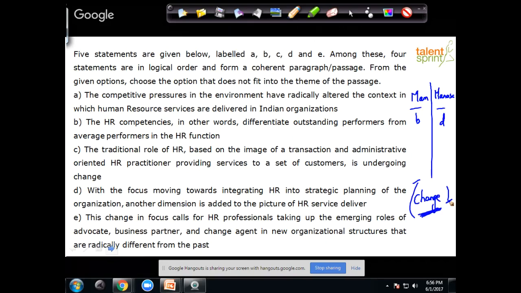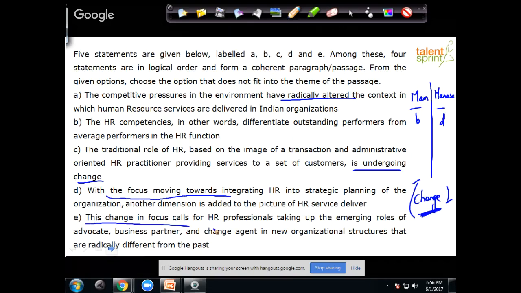Very good, Ashima. Change is your clue word. A says radically alter. Very good, Pratibha. B does not give me any word with respect to change. C says undergoing change. D says with the focus moving towards. So there is some shift happening, some change happening. Focus is moving from one thing to another, which means transition, obviously.